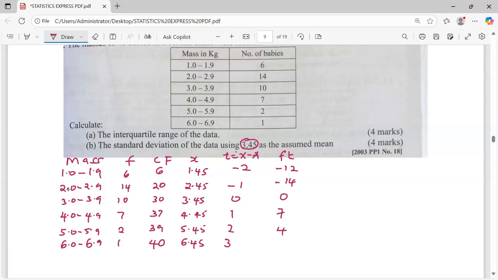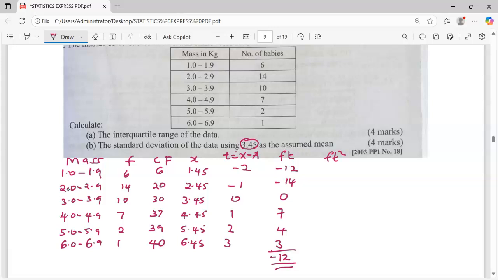And 3 times 1, you get 3. Having done that, we can sum up all the ft. And if you add from negative 12 all the way to 3, you are going to get a sum of negative 12.